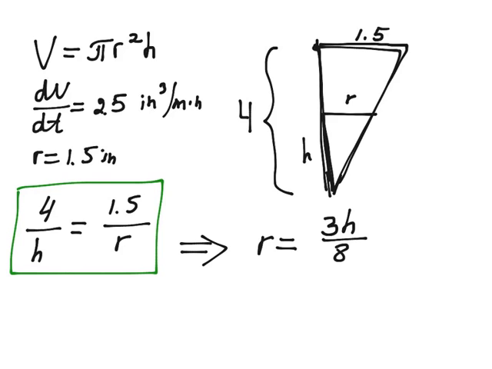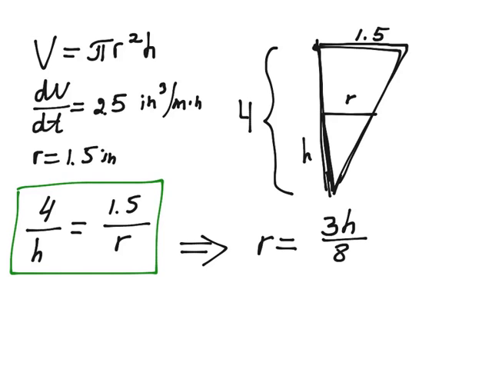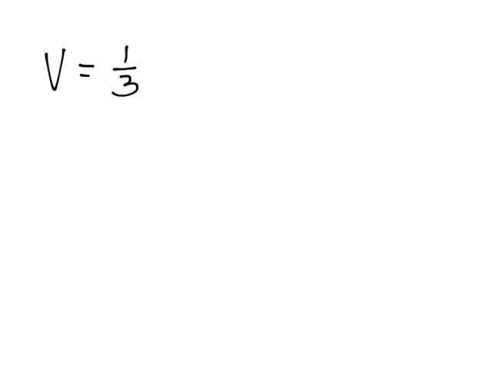Now if you substitute this for r into the volume equation, the problem of knowing nothing about r is completely solved. So here, volume equals 1/3. Sorry, I made one mistake. It's supposed to be 1/3 pi r squared h.